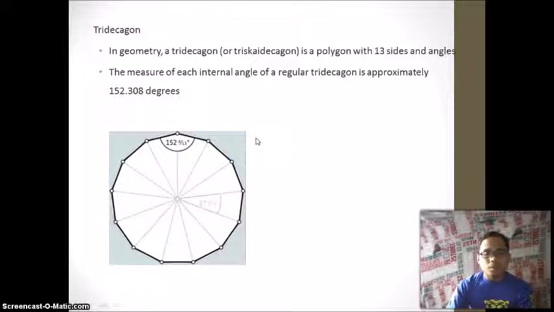Actually, we have many types of polygon, but I showed you only 13 polygons, because we have run out of time, and I hope you learned something from my slides.